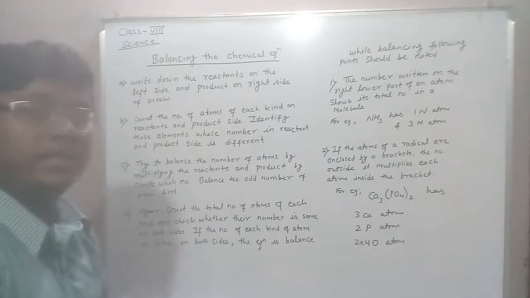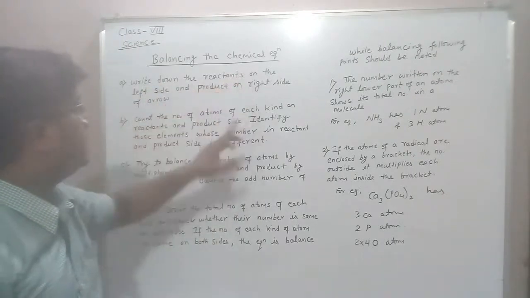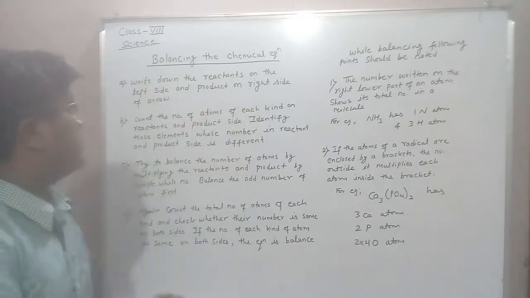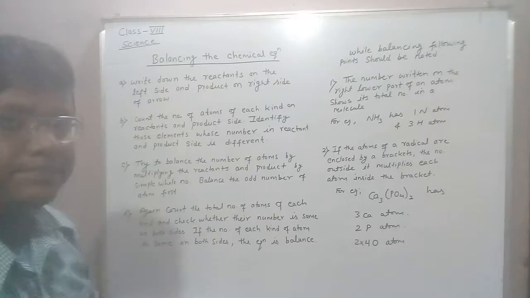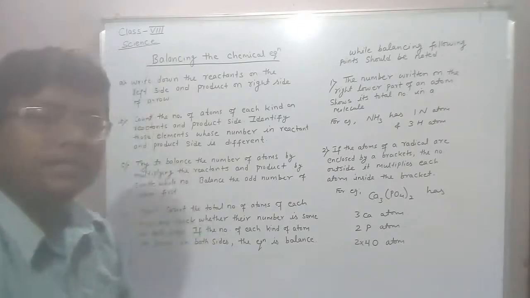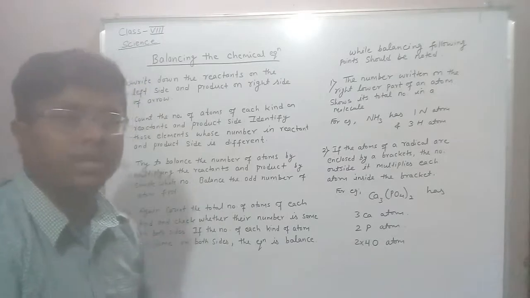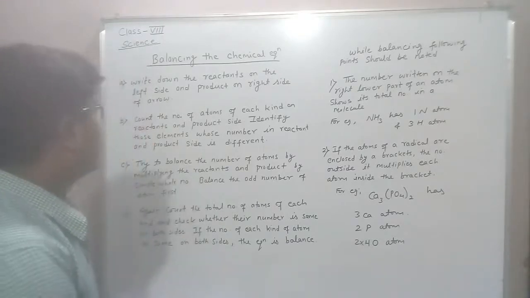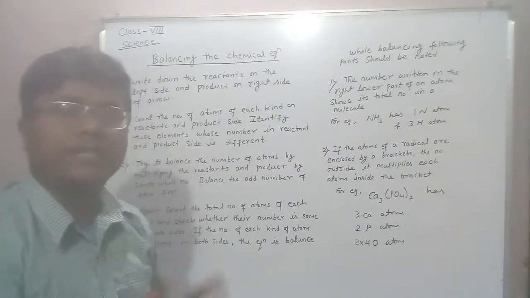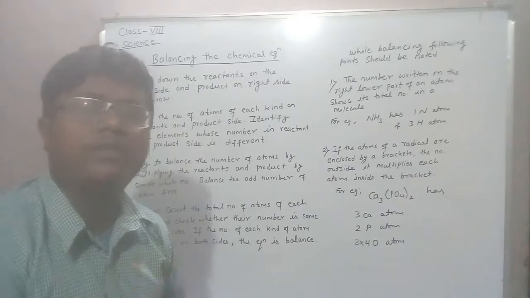Our first rule is: write down the reactants on the left side and the products on the right side of the arrow. While writing the chemical equation, you have to write the reactants on the left-hand side and the products on the right-hand side of the arrow. First, you write the word equation.